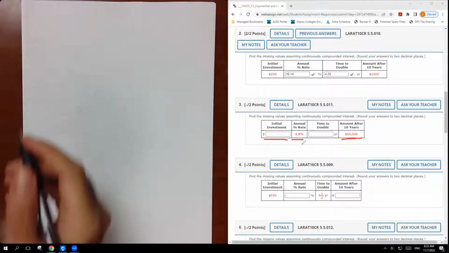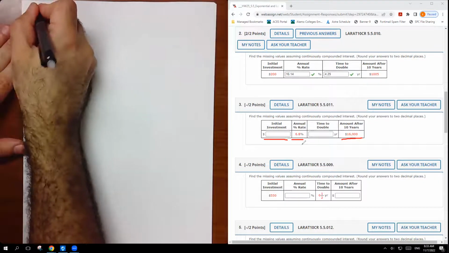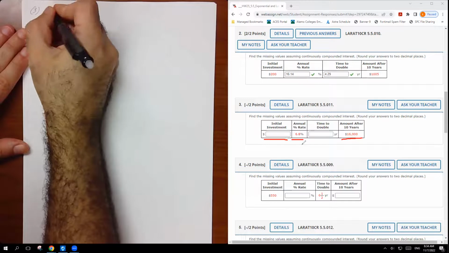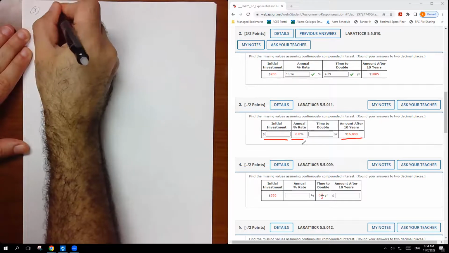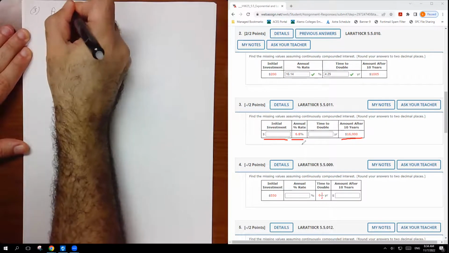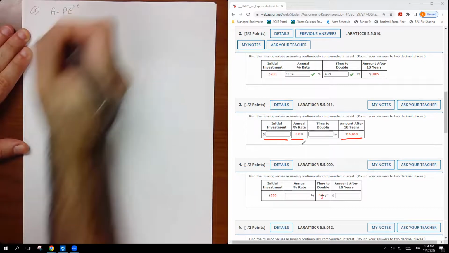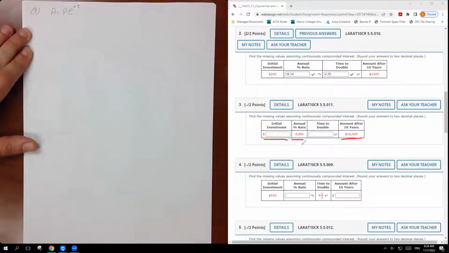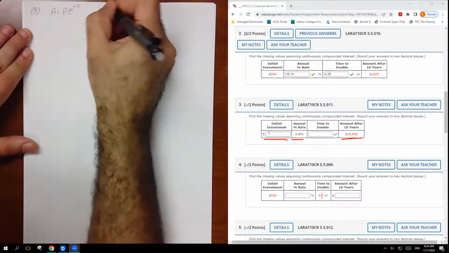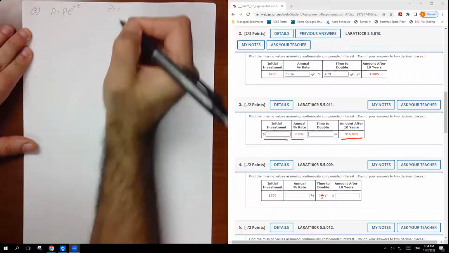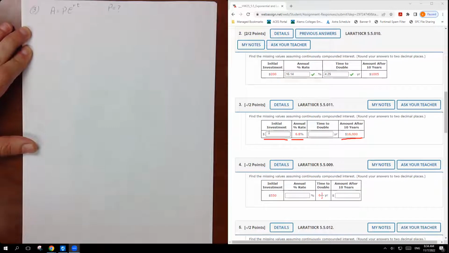So for example 3, we're going to use exactly the same formula, which is A equal P e^(rt). Now I'm going to look here. I need to find the initial invest. That means we need to find P. And what do we have? We have the annual rate.